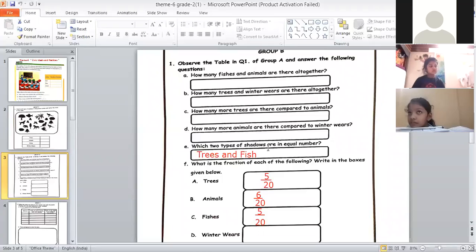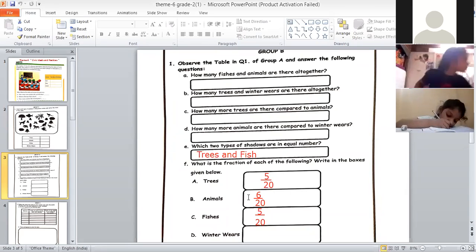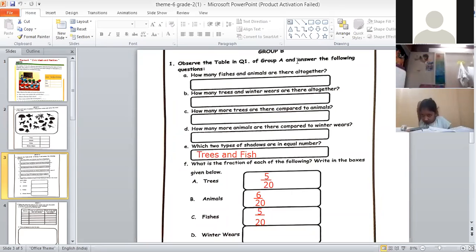Anik, do you know which page we are on? What is the page number? And which question?